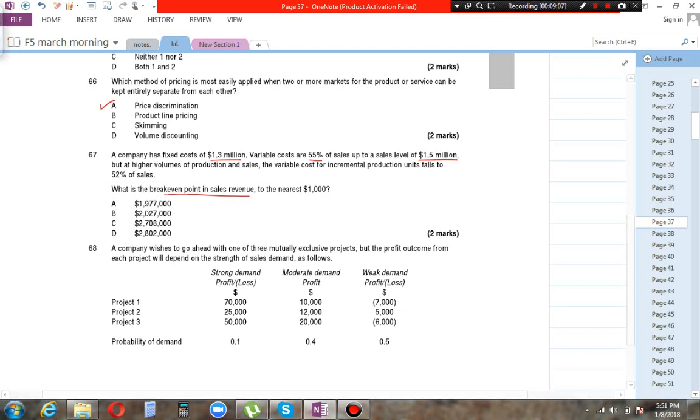This question was found by some students a bit difficult, and I would say that this is a bit unfair for 2 marks, but this is how the exams are, so we cannot complain. We have to solve this question. It will take a little bit of space, so I'll do it separately on a different page.